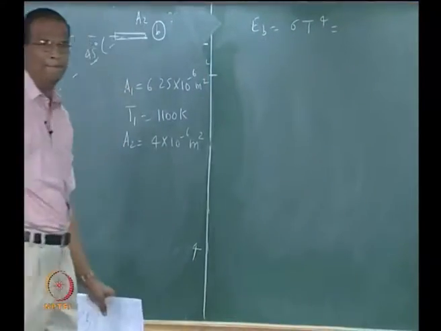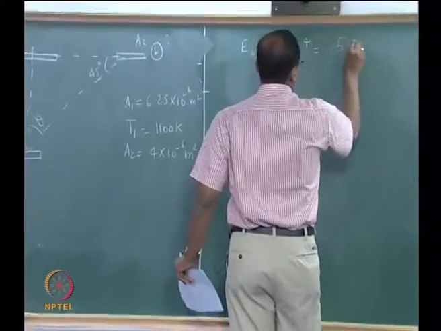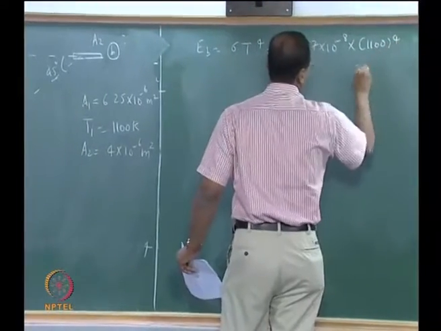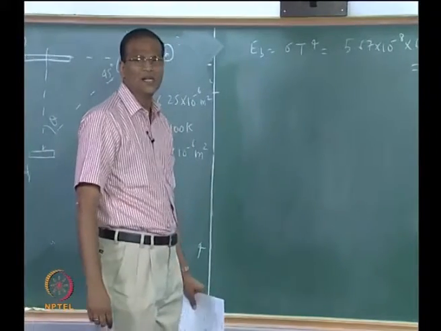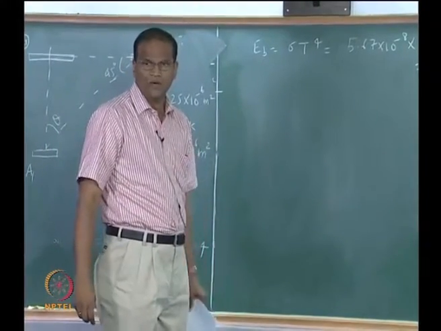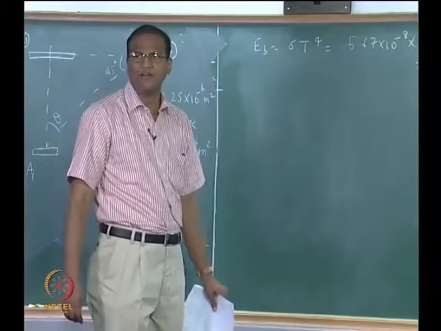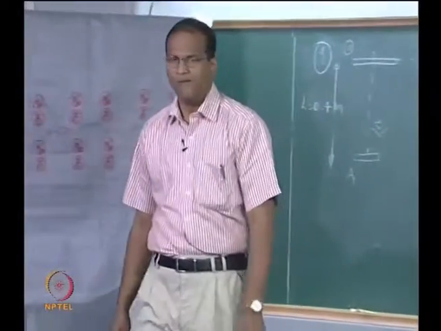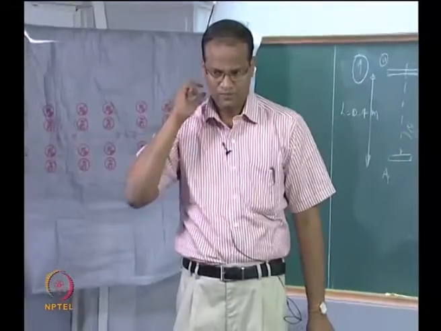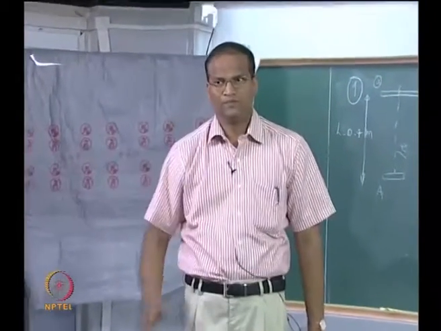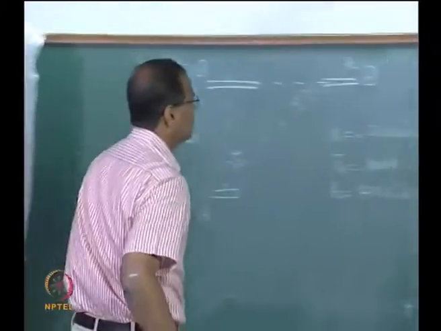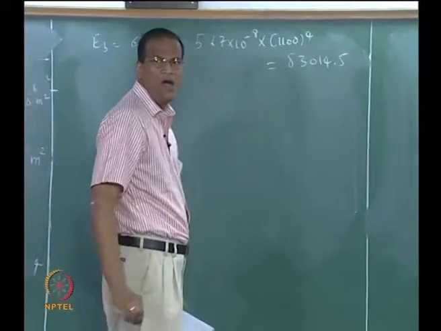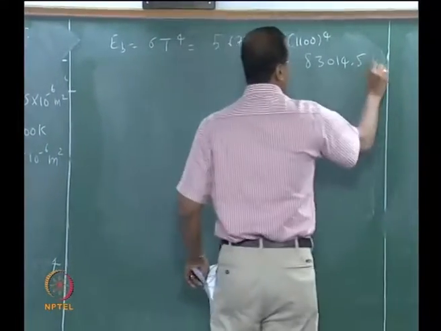So what is EB? 0.5 watt per meter square, correct.